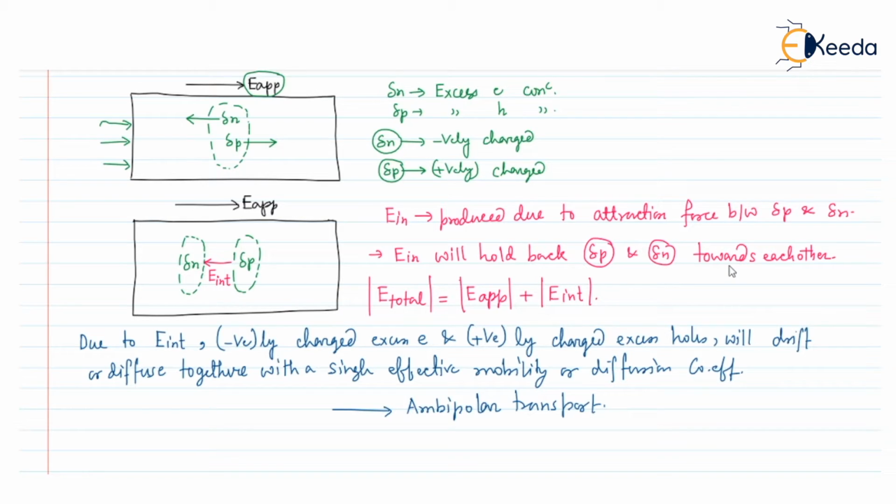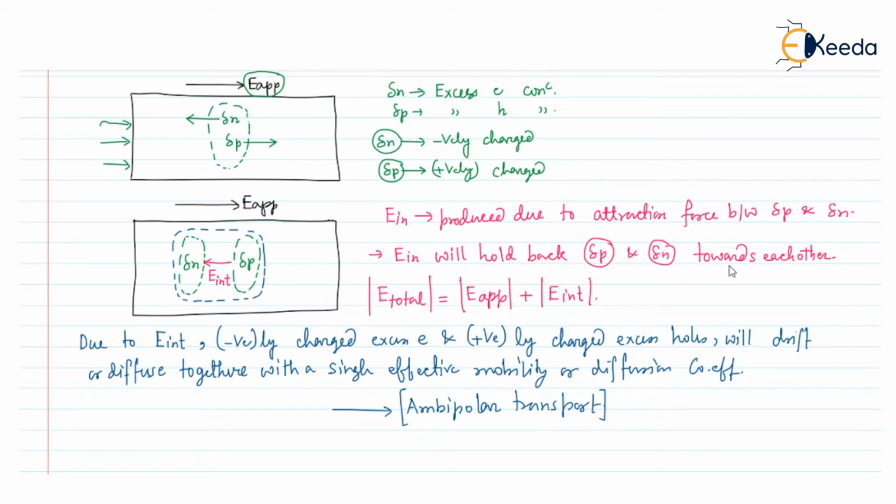In ambipolar transport, the excess electrons that have been generated inside the semiconductor and the excess holes that will be generated inside the semiconductor will move in drift motion or diffusion motion together like a single particle. So this whole thing will move as a single particle, and they will have an effective mobility value if they move in drift motion, and they will have an effective diffusion coefficient value if they move in a diffusion phenomenon.